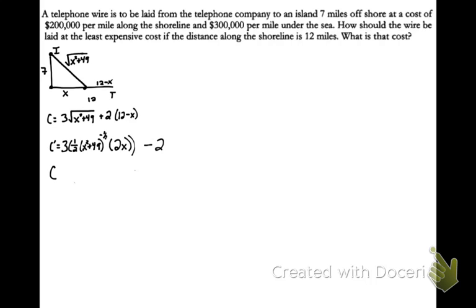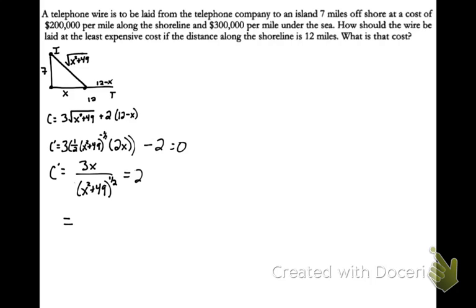And cleaning the derivative up, we'll end up with 3x over x squared plus 49 to the 1/2 must equal 2, because I want to know when the derivative equals 0.